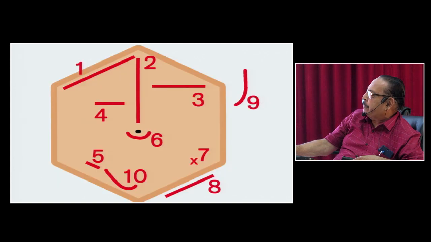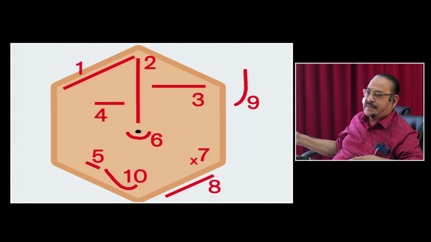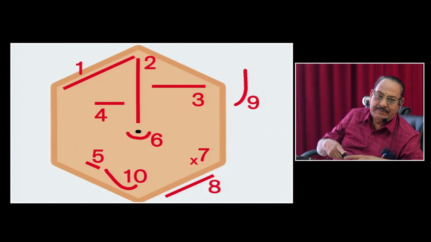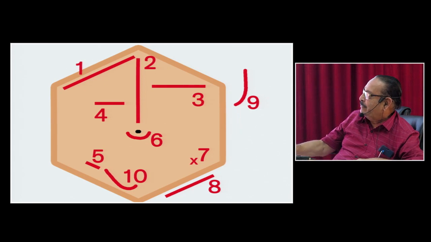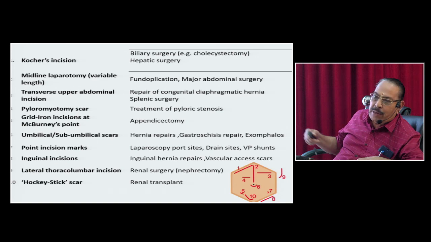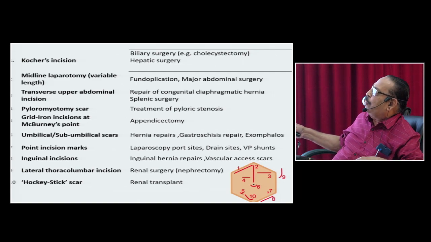Read all those things. This is what I told you. There are 10 scars. Each one indicates one condition. Different names are given, not very particular. It's enough if you know the size of the scar, the type of the scar, the site of the scar, you can make a diagnosis.